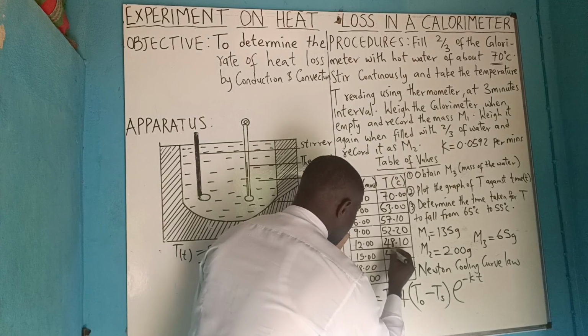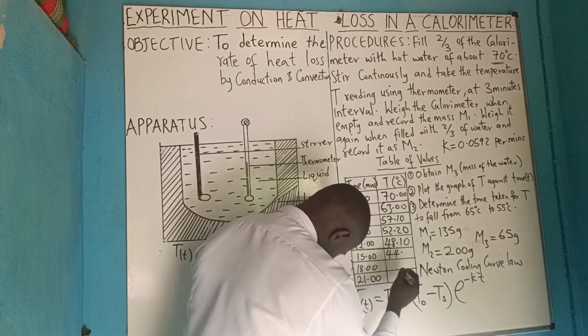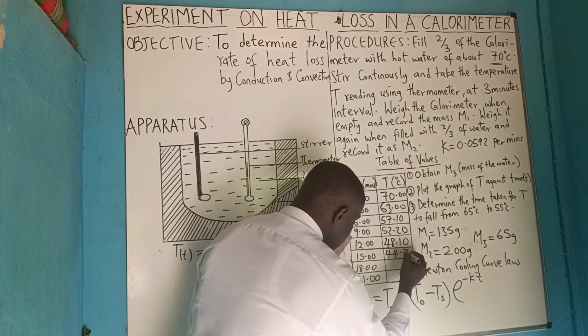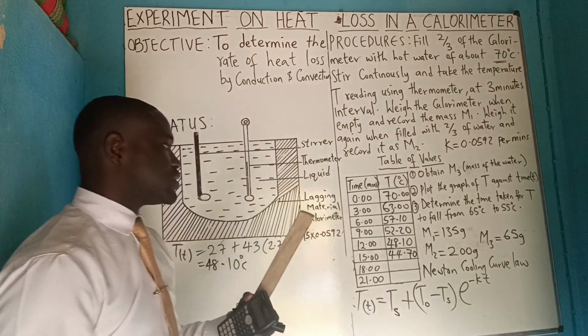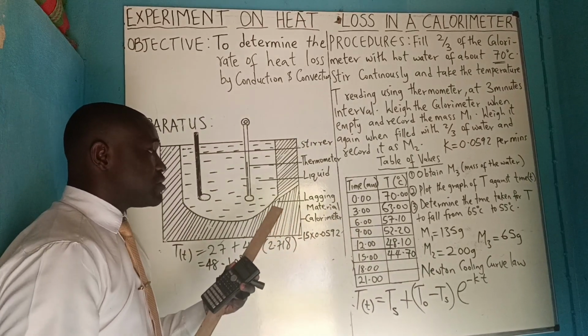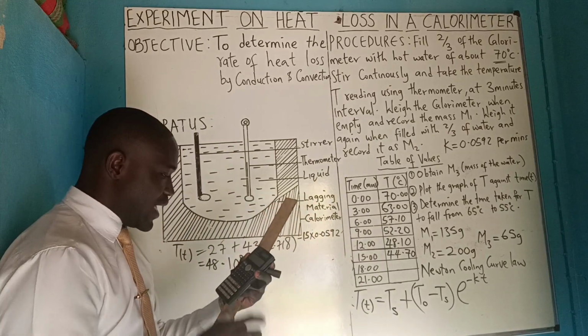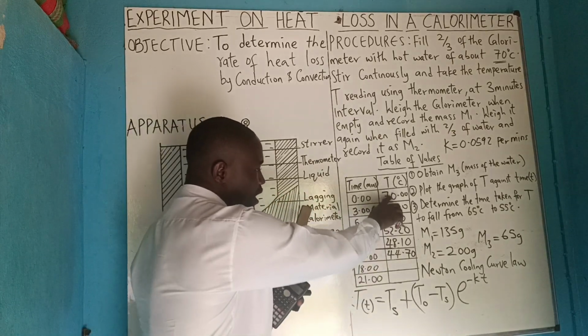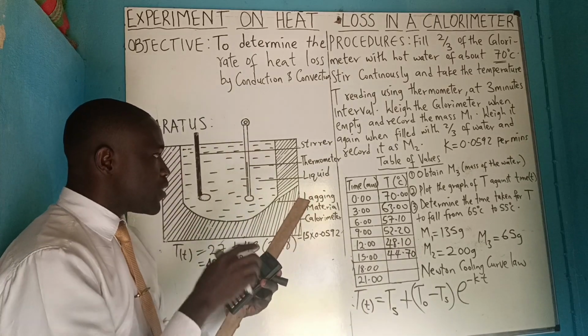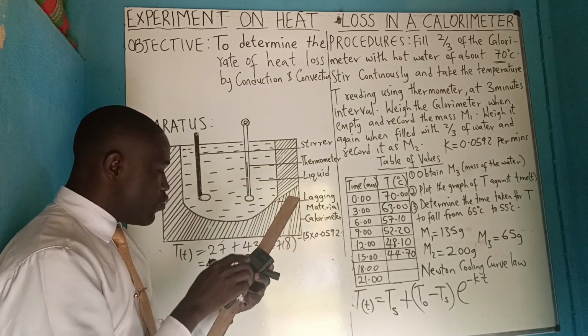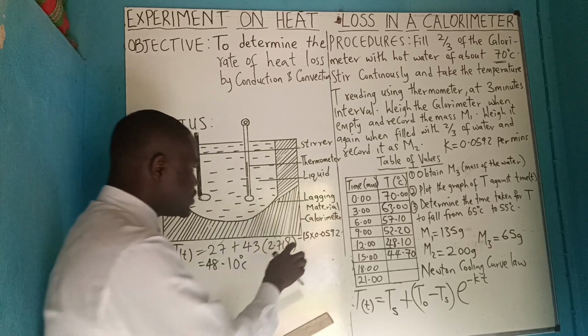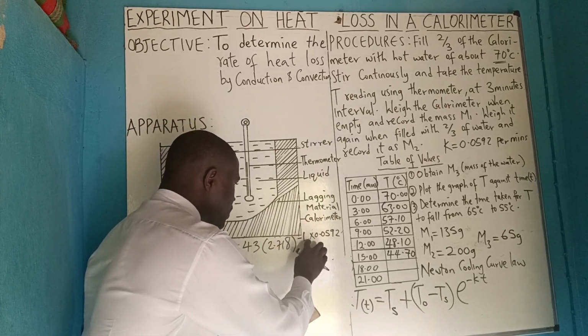You say 44.70 degrees. You can also do this approximation to the nearest whole number. Are you getting it? But once you do it to the nearest whole number, you continue that way. Okay. We go again. Change this 15 to what? 18.